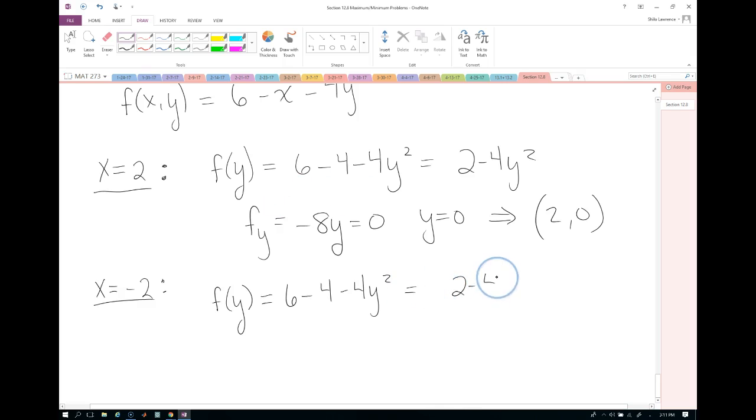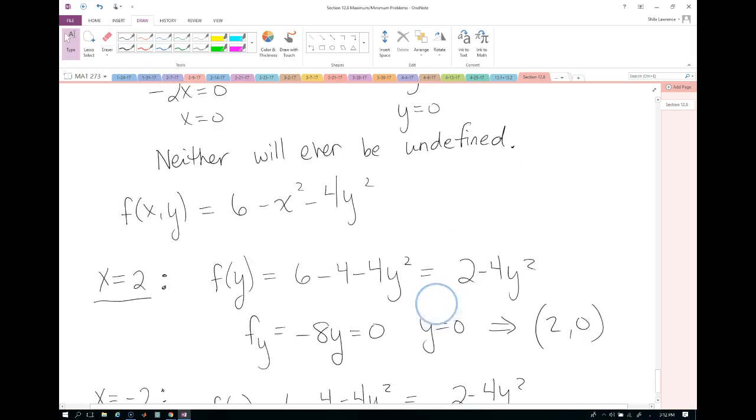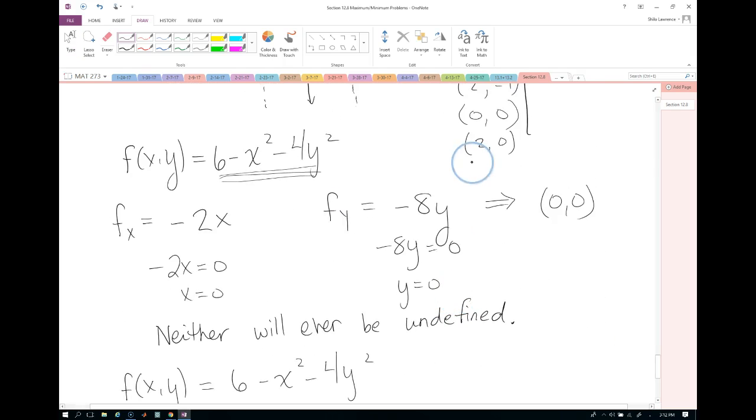So this is again 2 minus 4y squared, and f sub y is negative 8y, and that's only 0 when y equals 0. So we started with x equals negative 2 and got y equals 0. So there's another point to add to our list, and I might run out of space here.